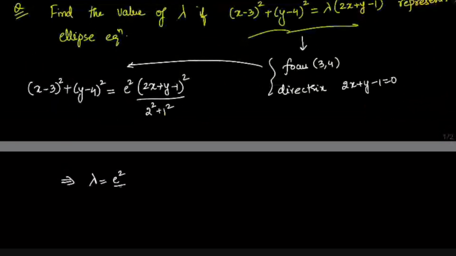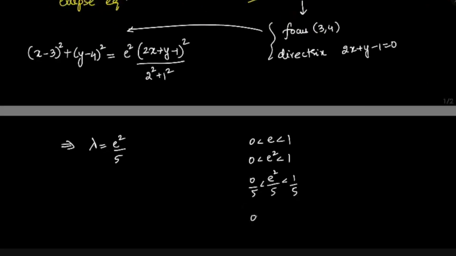Lambda is e square by 5. What should be the value of lambda? For the above equation to represent an ellipse, eccentricity should be between 0 and 1. That means eccentricity square also should be between 0 and 1. So e square by 5 is between 0 by 5 and 1 by 5. So that means lambda value should be between where and where?